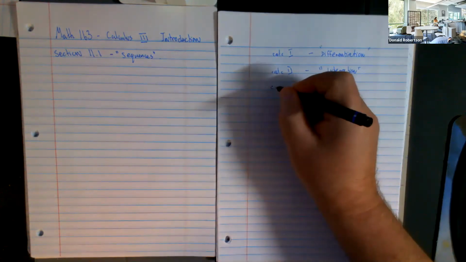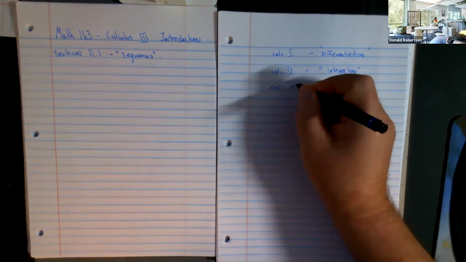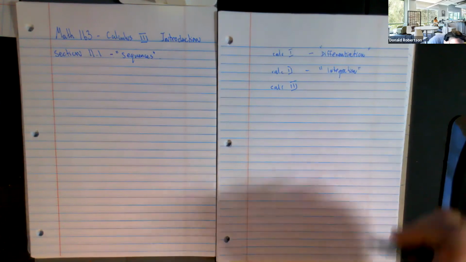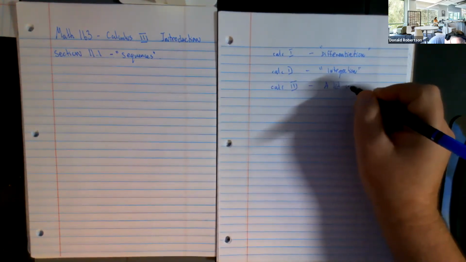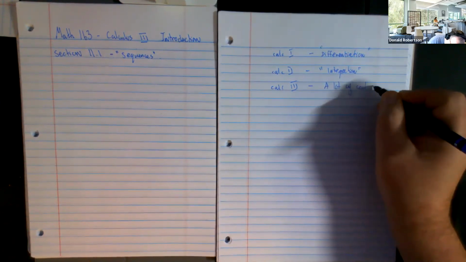So you might think, what the heck is Calc 3 about? Well, the bad news is that Calc 3 can't be described by a single word. I think the best way to tell you what Calc 3 is about is to say it's a lot of cool stuff.